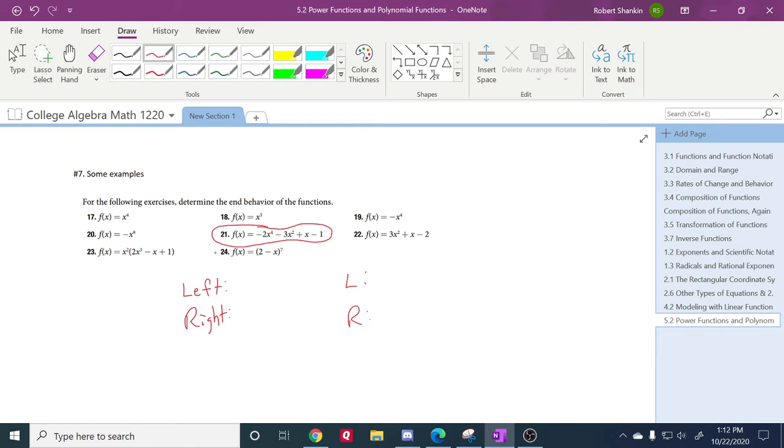All right, enter your answer into your group text channel for 21. Group 2, now that you're in existence, what's the end behavior on that one?